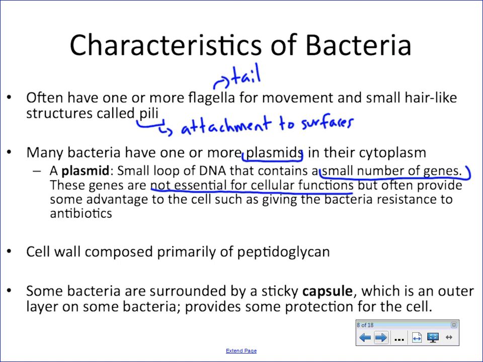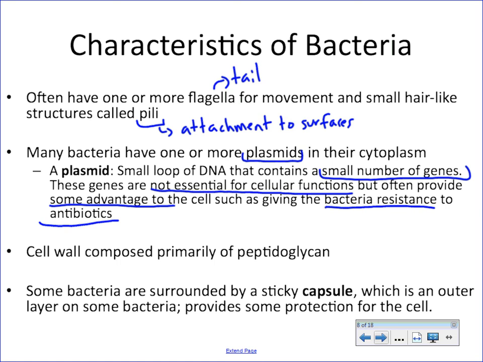But having this plasmid will often offer some type of advantage to cell survival, such as giving bacteria resistance to antibiotics. Those plasmids can contain genes that code for an enzyme or some type of protein that might neutralize the effect of an antibiotic.